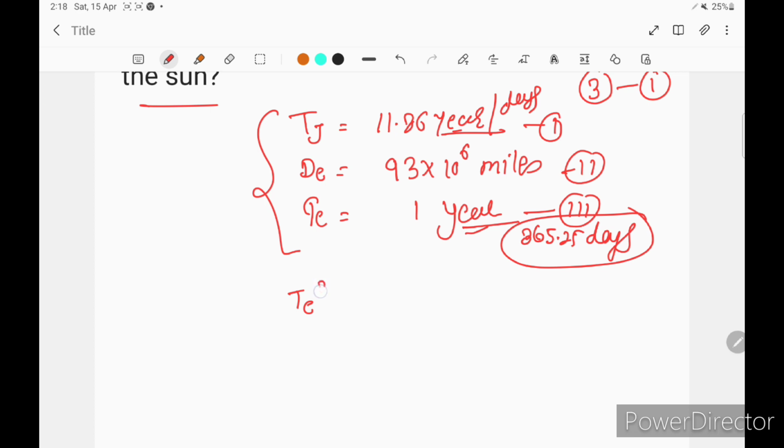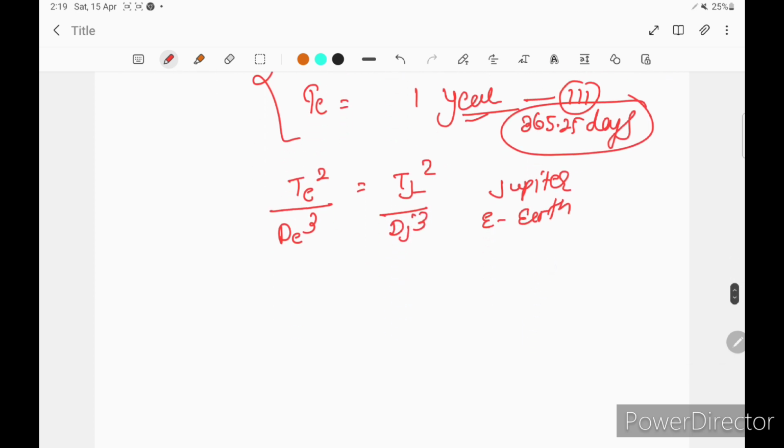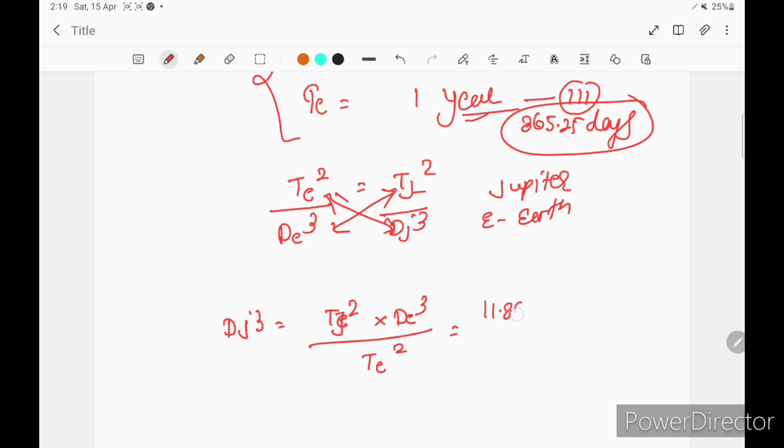So the formula is TJ, J for Jupiter and E for Earth, so TE squared upon TJ squared is equal to DE cubed upon DJ cubed. Now put the values and cross multiply. So DJ cubed is equal to TJ squared into DE cubed divided by TE squared, which is equal to 11.86 squared into 93 into 10 raised to 6, cubed, divided by 1 squared.